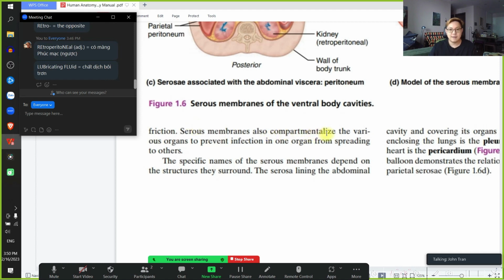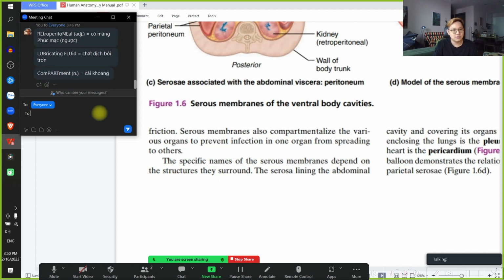Serous membrane also compartmentalized, so we have the word compartment. Compartment means cái khoang. To compartmentalize means to separate the body into small spaces or compartments.